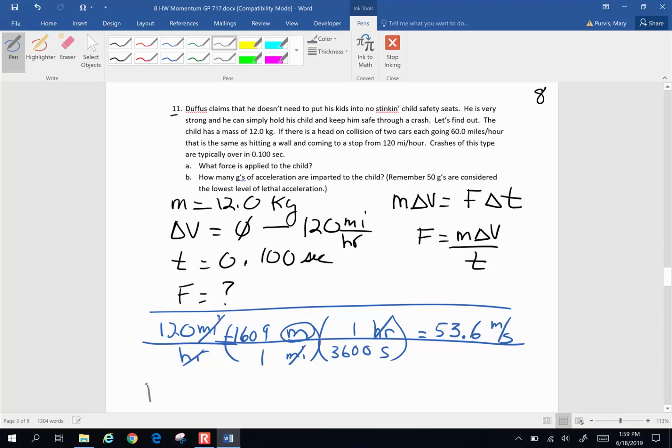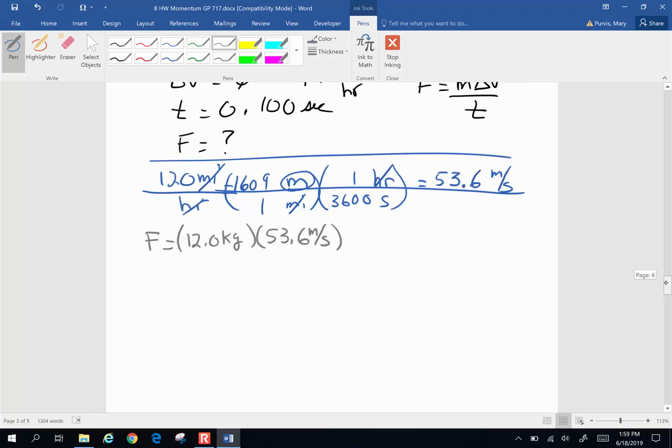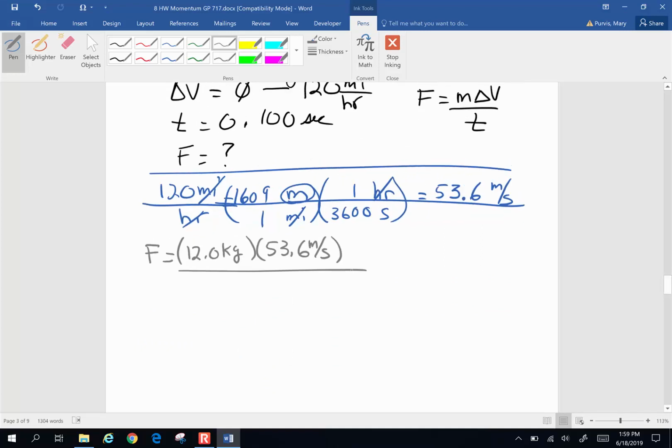Now that we've got that, let's put it in the momentum impulse equation. The force is going to be the mass of the child, 12 kilograms, times the change in velocity, 53.6 meters per second, going from the original velocity of the child down to 0, divided by the typical crash time of about a tenth of a second.